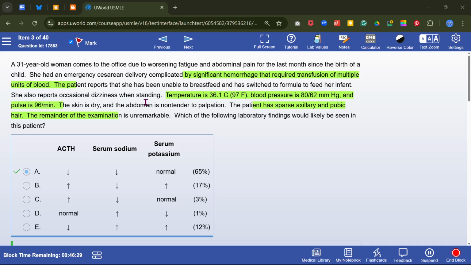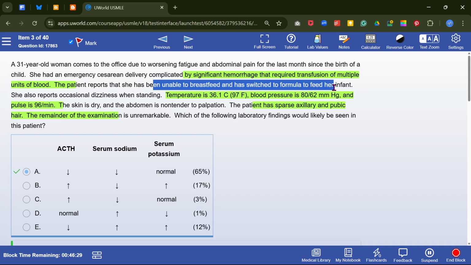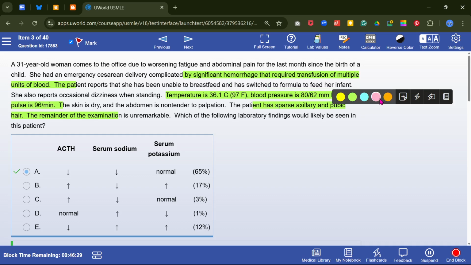And in consequence, what happened? The mother is unable to breastfeed, and she has switched to formula feed for her infant. She also reports occasional dizziness when standing.